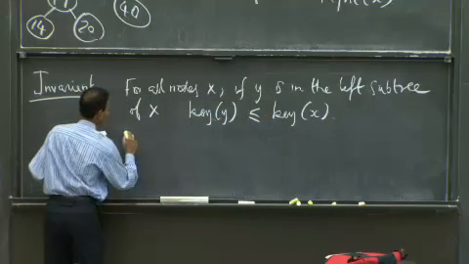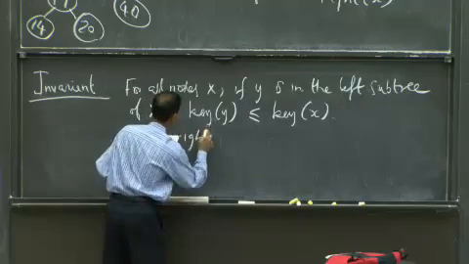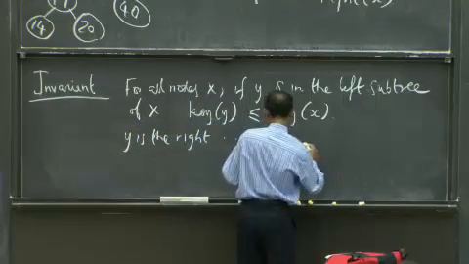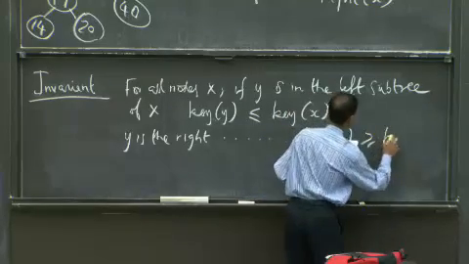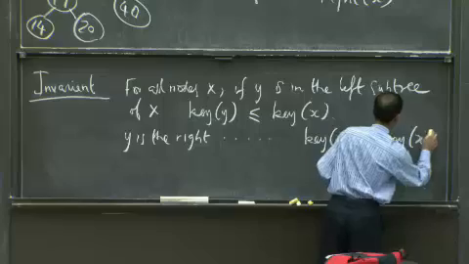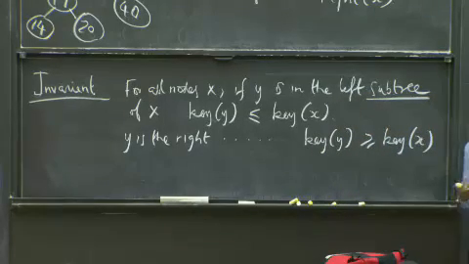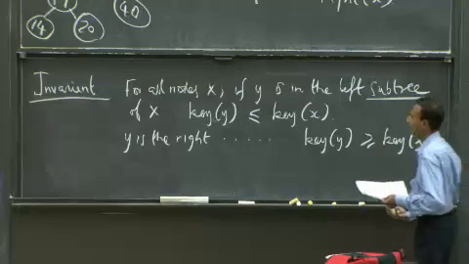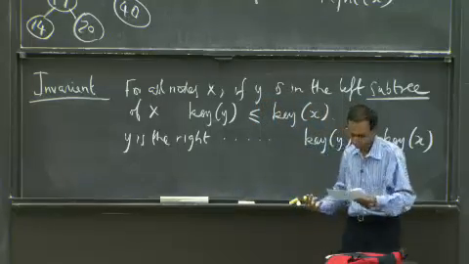And if y is in the right subtree, we have key of y greater than or equal to key of x. So we are talking about trees here, subtrees here, everything underneath, and that's the stronger part of the invariant in a BST, versus in the heap, we were just talking about the children.